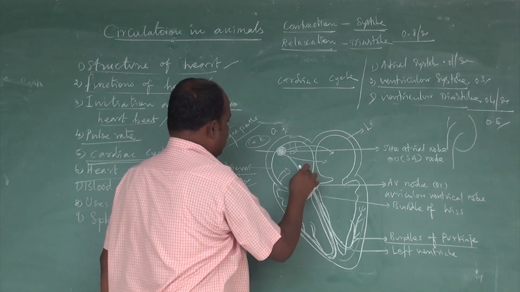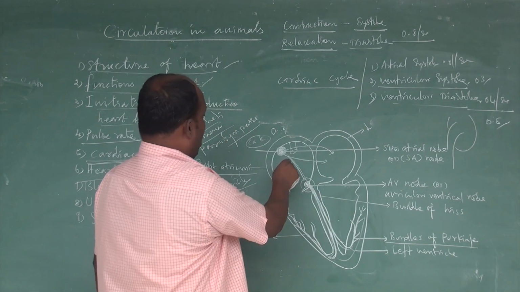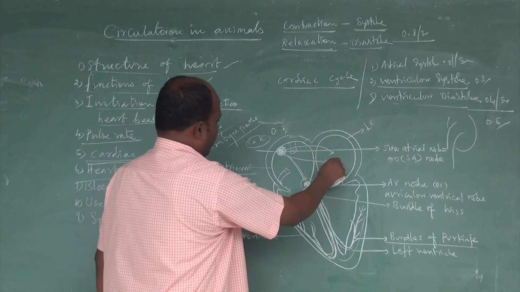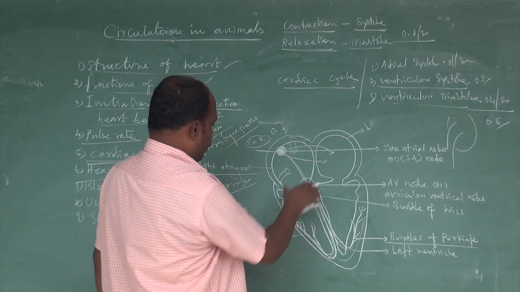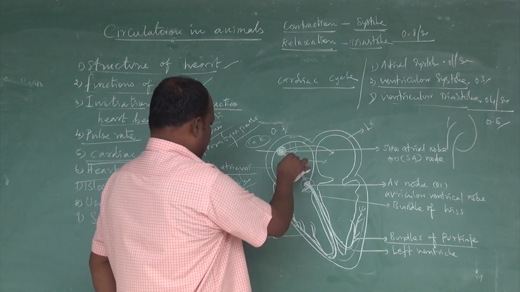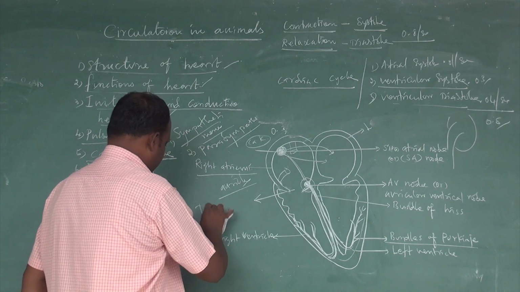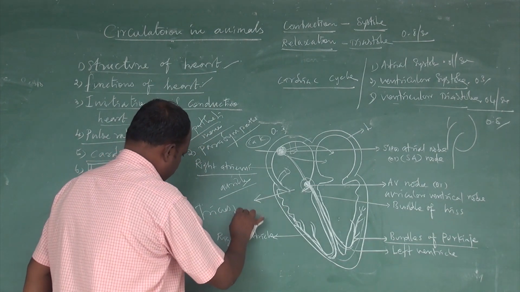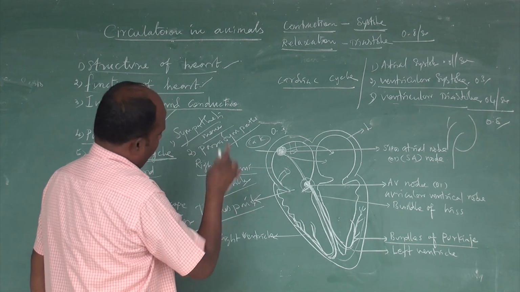See, this is the heart with four chambers, two upper and two lower. The two upper chambers are the right atrium and the left atrium. These are the right ventricle and left ventricle. Between the chambers there are valves. Between the right atrium and right ventricle is the tricuspid valve, atrioventricular valve number 1.